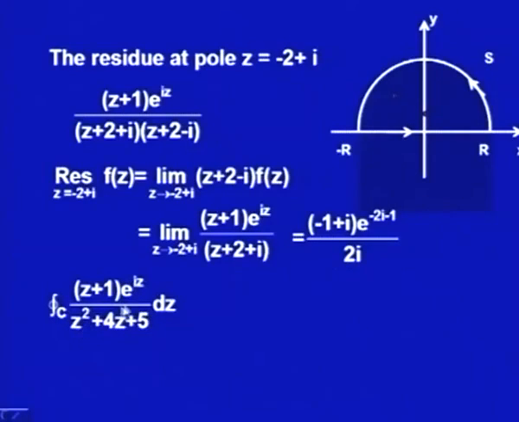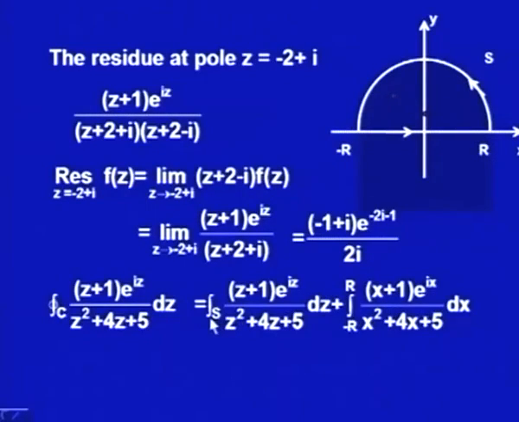Now, using the residue theory along this closed contour C, we are again breaking it into two parts. One is the circular one and another is this part of the real line. So, we are writing it as the integral of (z + 1) e^(iz) upon z² + 4z + 5 dz along the semicircle S of radius r, plus the integral along this real line from −r to +r, which we write in the x format: (x + 1) e^(ix) upon x² + 4x + 5 dx.